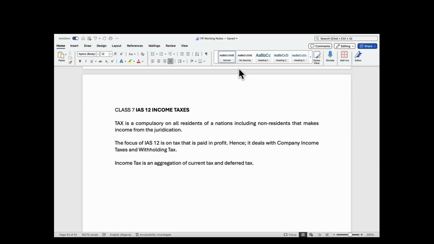So today, we want to look at two things. First is current tax, and second is deferred tax. Let me pick it one by one and explain it in detail.